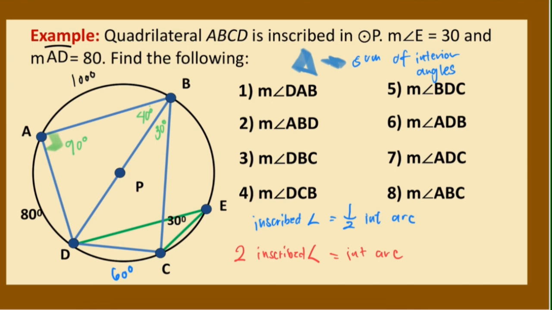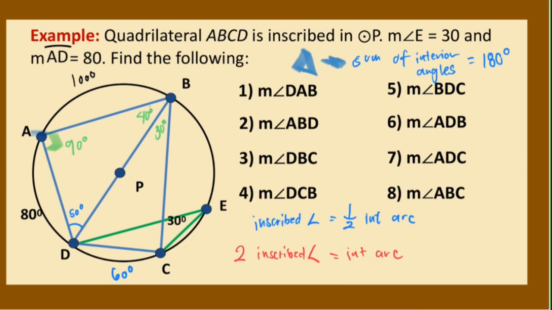There are only three interior angles in a triangle. So 90 plus 40, that will give you 130. So 180 minus 130, you will get 50 degrees. Now we have 50 degrees, 90 degrees, 40 degrees, and 30 degrees. And it's true, right? ADB intercepts AB. 100 divided by 2, 50. Correct.